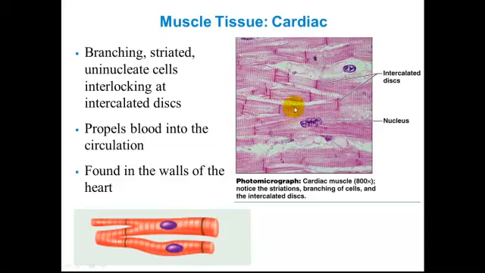It does have striations, so you do see striations like you would see in skeletal muscle, but you also have these very distinct branches. These branches are going to be one of the things that differentiates between cardiac muscle and skeletal muscle. The other thing are these darker regions called intercalated discs, and those intercalated discs are going to be where the different cells abut one another.